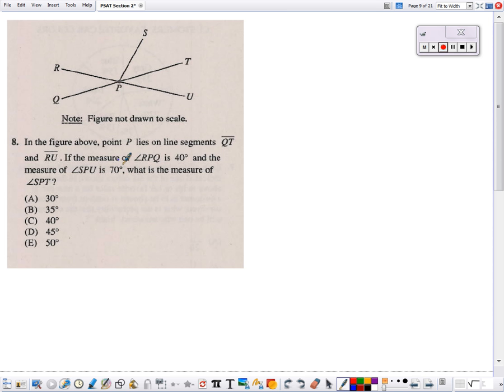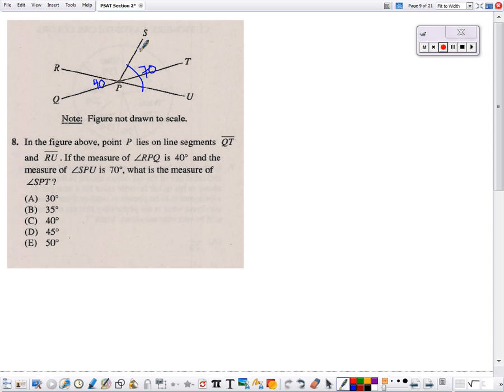Always mark up your picture when it's geometric. So angle RPQ is this angle, and that's 40. SPU is 70. So this whole angle here is 70. What is the measure of SPT?